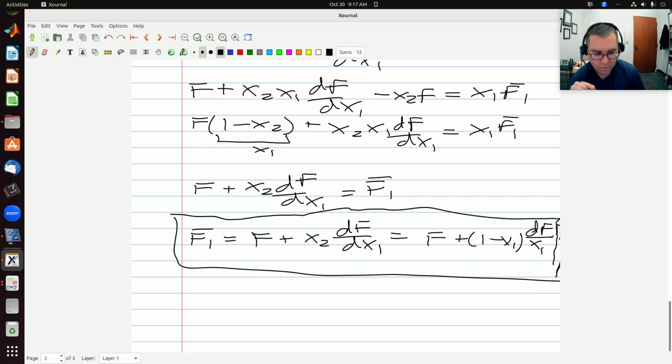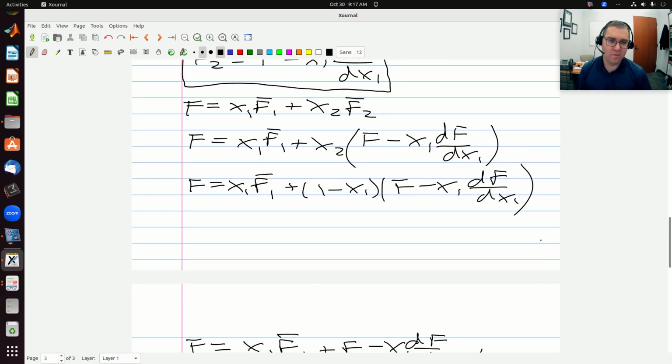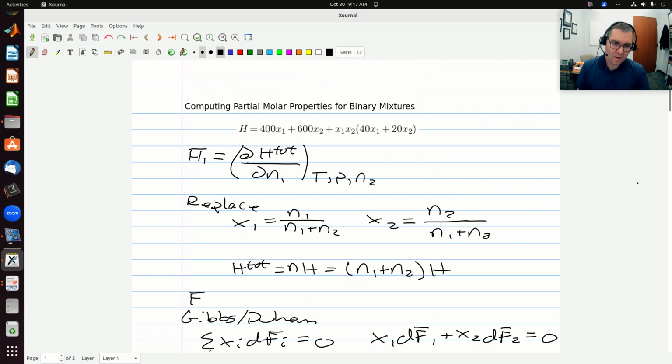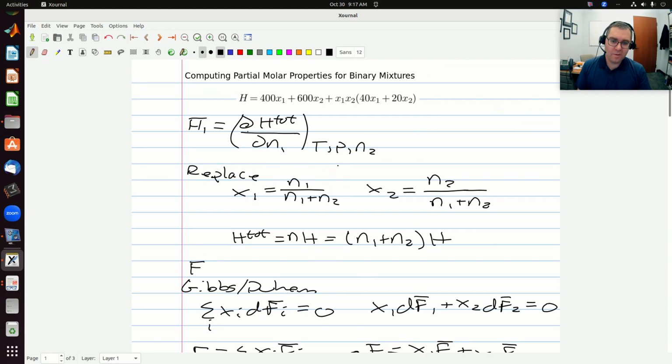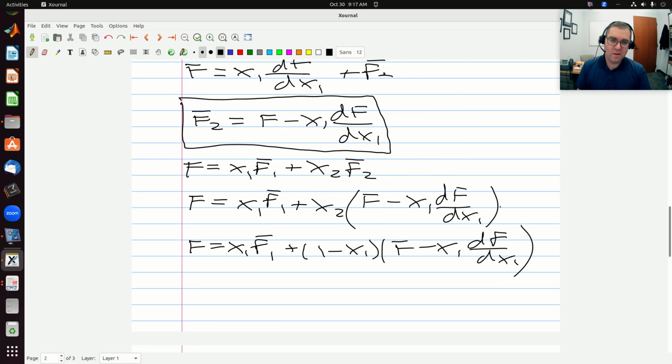I could do a couple different things, but it'd still be the case that if I were to go up to my original equation that I started with, this is in terms of x1, x2, I would still need to replace x2 with 1 minus x1. And then once I did that, now I just have a differential of f with respect to x1.